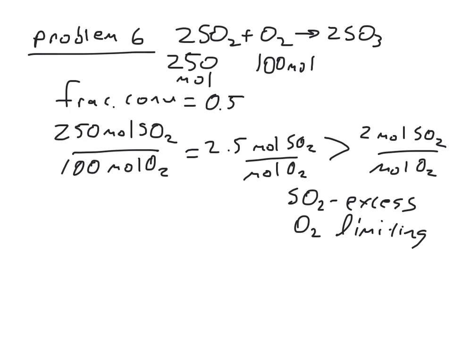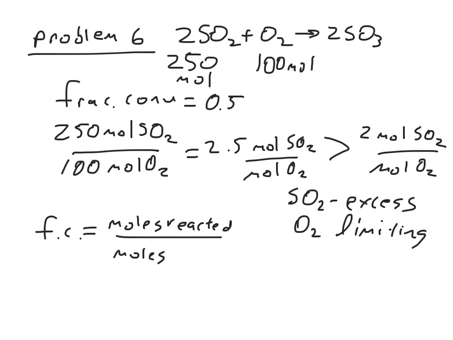And that's great. So we can write this out as fractional conversion is equal to moles reacted over moles fed. And we know everything in this equation except the number of moles reacted.